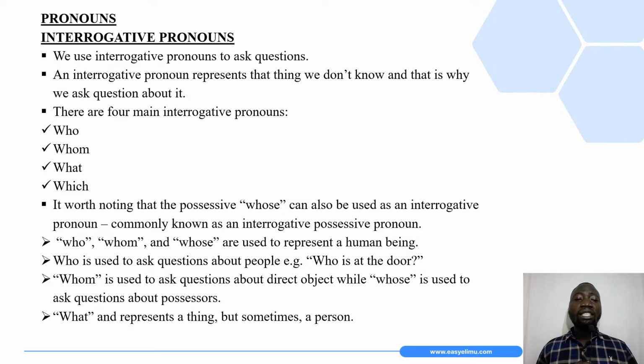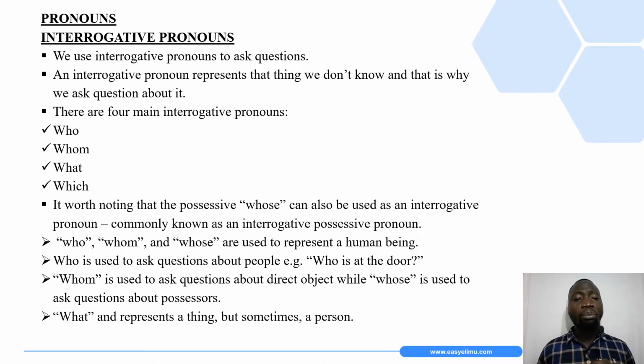We use interrogative pronouns to ask questions, just from the word to interrogate. An interrogative pronoun represents that thing we do not know, and that is why we ask a question about it.